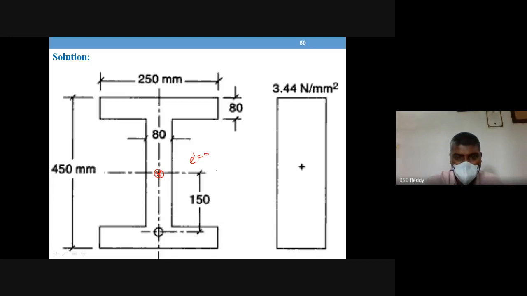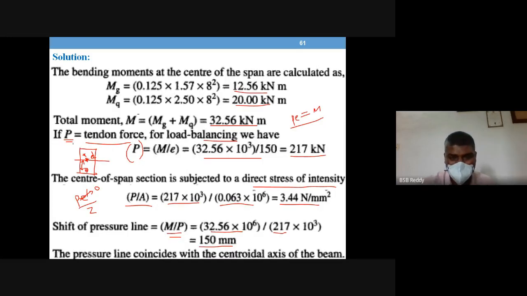So in the formula of P by A plus or minus P E dash by Z, this E dash is becoming 0. That's why only P by A you shall be calculating. That is this stress diagram finally. So that's how it is being simplified.